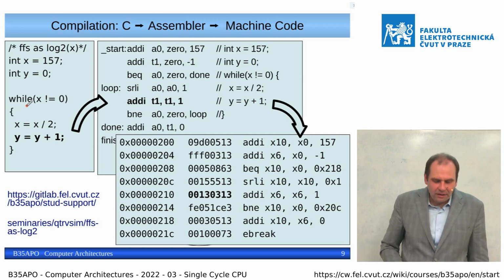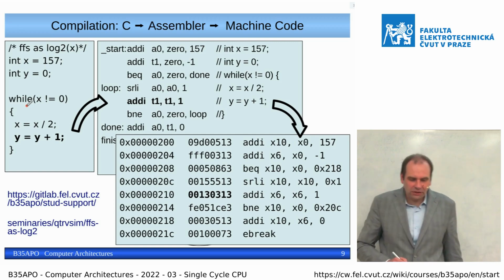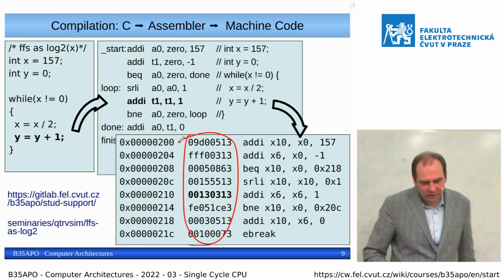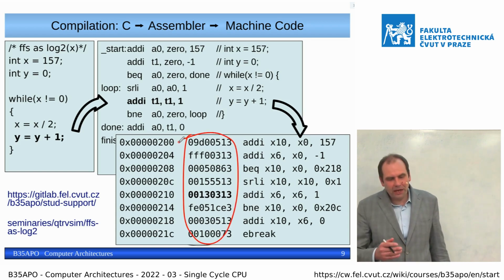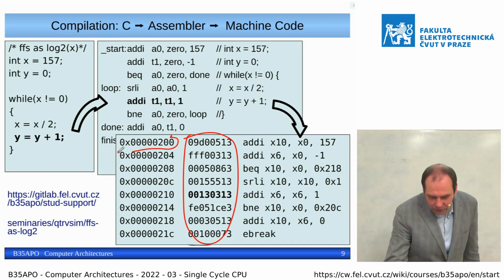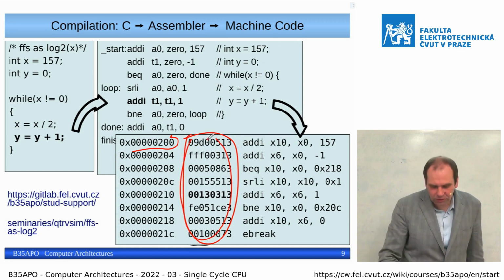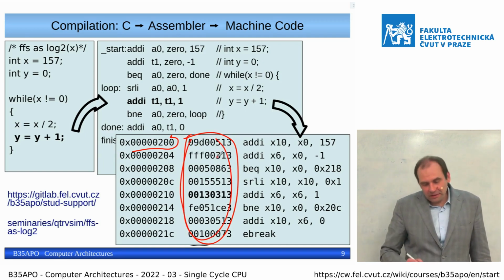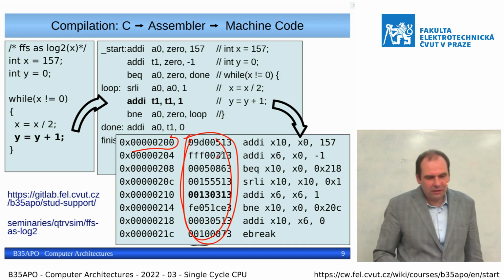And what are the actual instructions? In the memory, there is only the array of binary values which encode the instructions. Those are the addresses. This is the machine code. It is quite hard to read it directly, and it is even more difficult to program it directly.